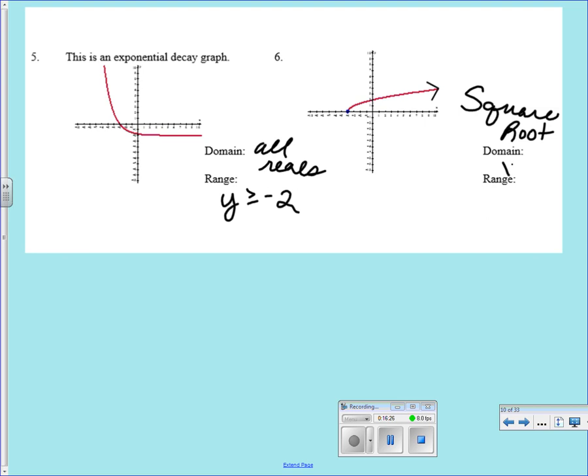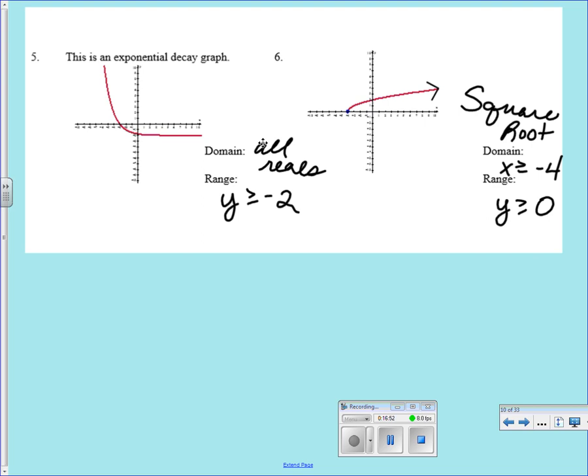So x is actually going to be greater than or equal to -4. So there must be something in the bracket. It probably is x plus 4 underneath the radicand. And then the range, you're not going to have any negative numbers, so y is going to be greater than or equal to 0, because that will stay consistent from the parent root.